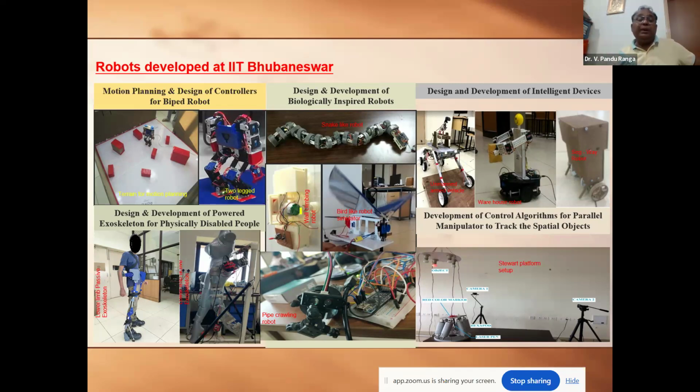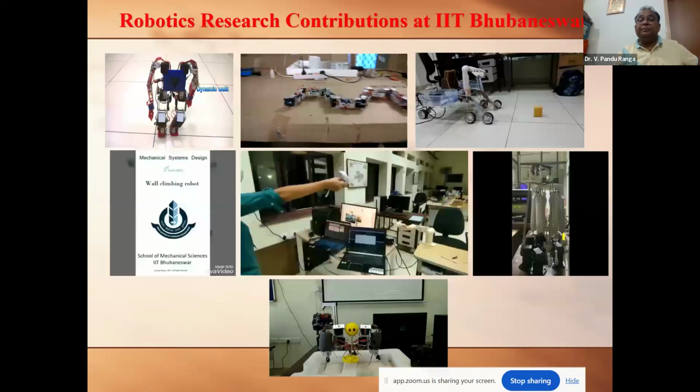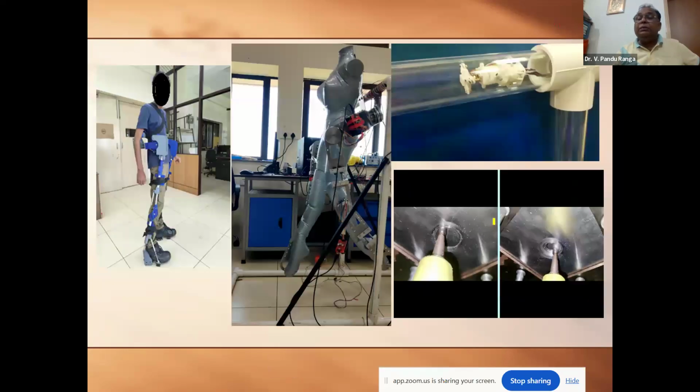Other than that, we have two patents, and there are 15 working robots we developed at IIT Bhubaneswar, and we mostly focus on biologically inspired robots, the development of exoskeletons or human assistive devices, and the building of intelligent machines. So these are various.